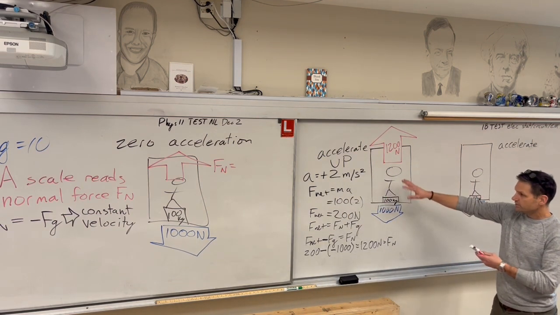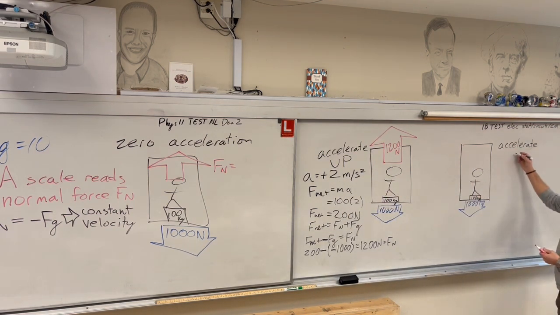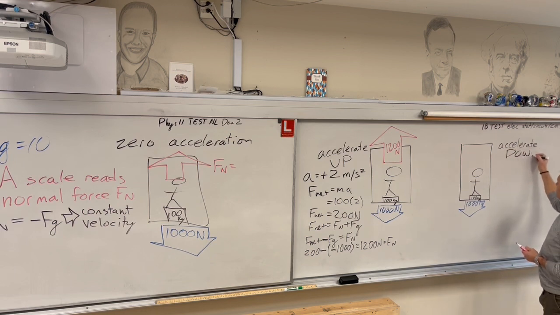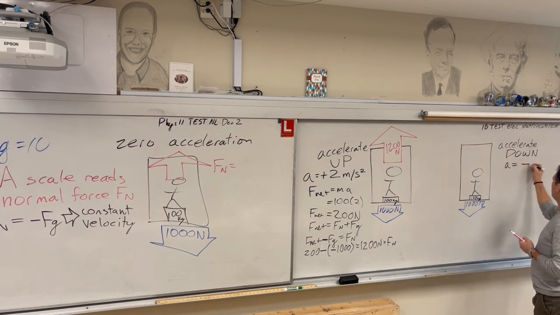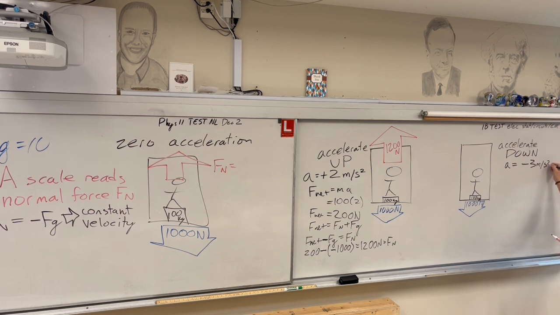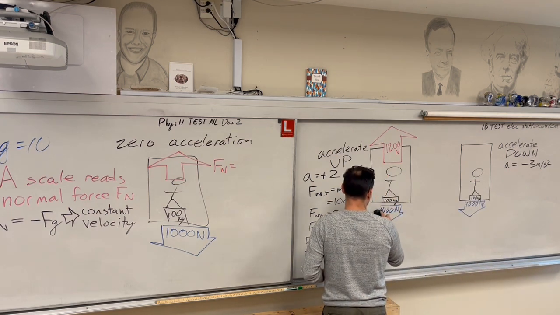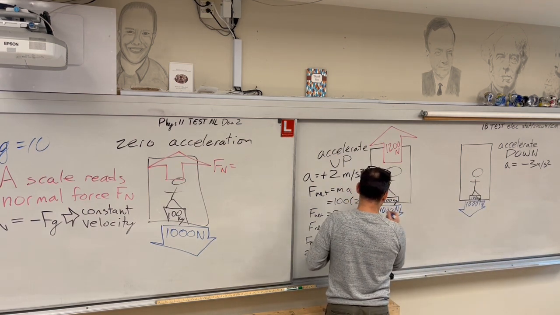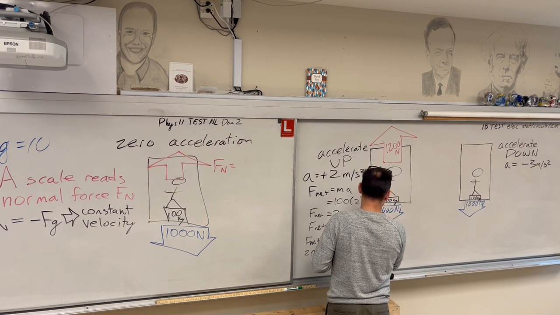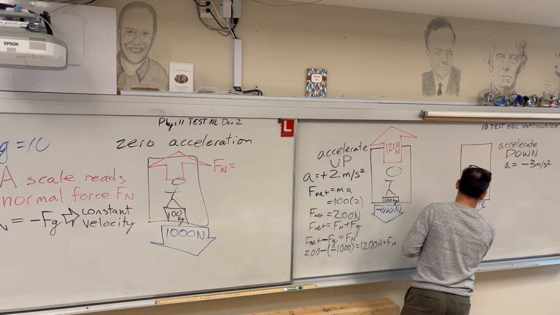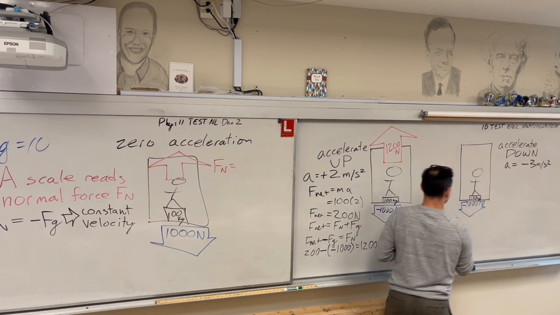Okay, this is all fine. What if I accelerate down? Negative. Let's say my acceleration is -3 meters per second squared. And just to avoid confusion, let's call our gravity negative too, because someone's going to watch the video and ask why didn't you put that negative?